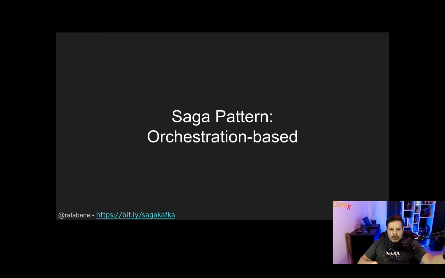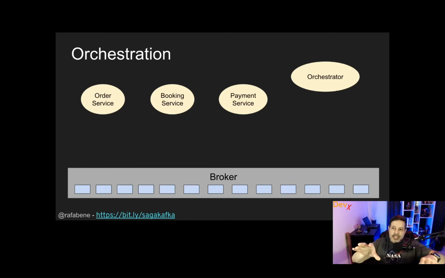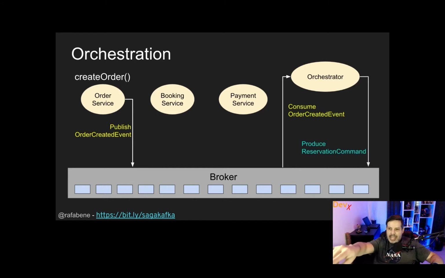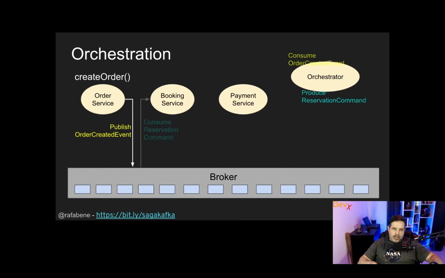Okay. Now orchestration based. In orchestration based, we have a new entity there. We have the orchestrator. The order will receive the method, create an order. We will publish the event. The orchestrator will look for that event and will start producing commands instead of events. So it will produce a command, perform a reservation. The booking will perform a reservation and publish the result.